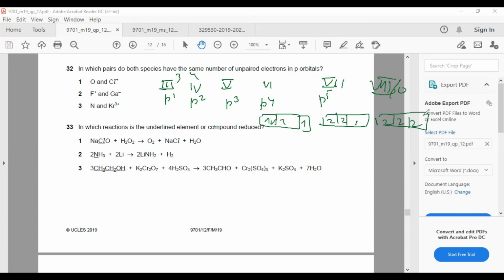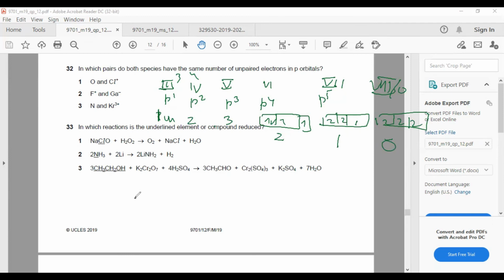So better to memorize: group 3, P1, 1 unpaired; group 4, P2, 2 unpaired; group 5, 3 unpaired; group 6, 2 unpaired; group 7, 1 unpaired; group 0, 0 unpaired electron.